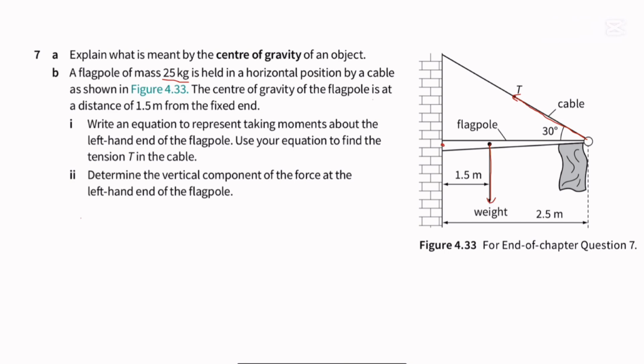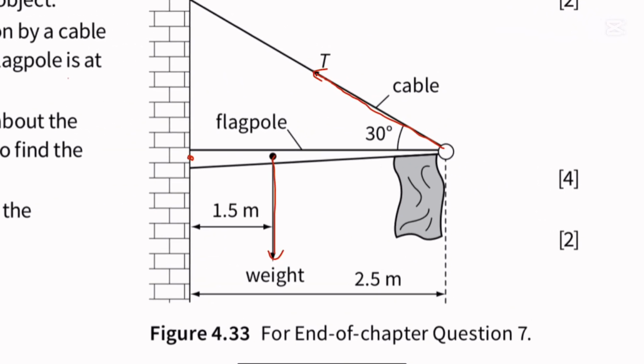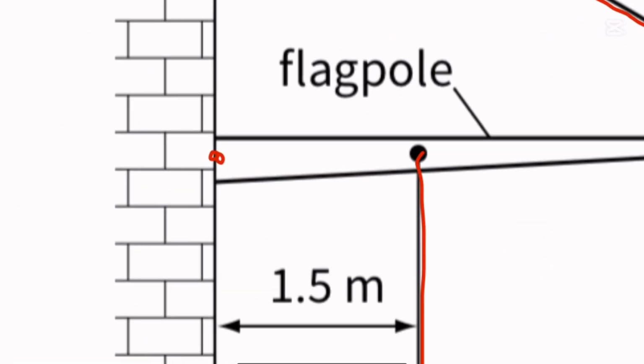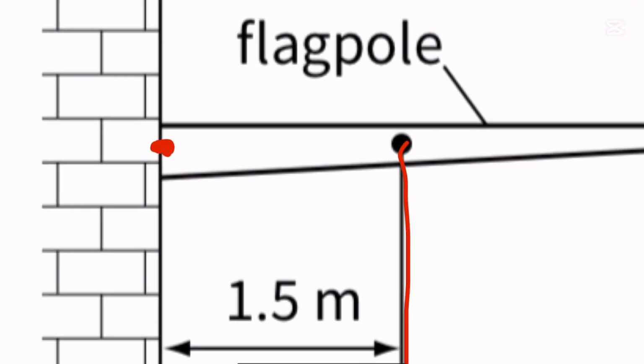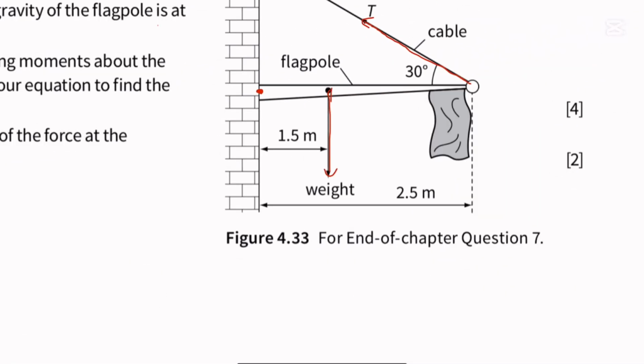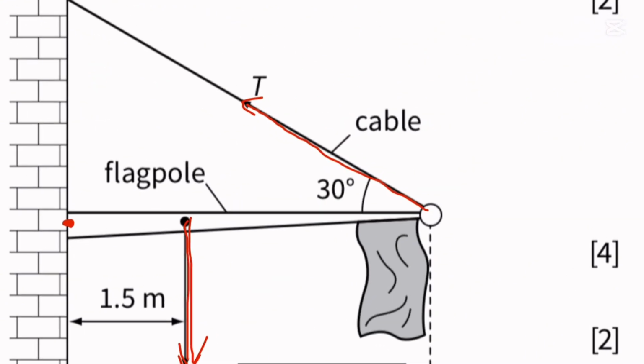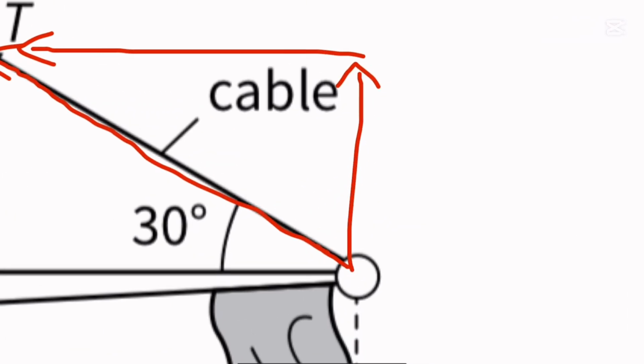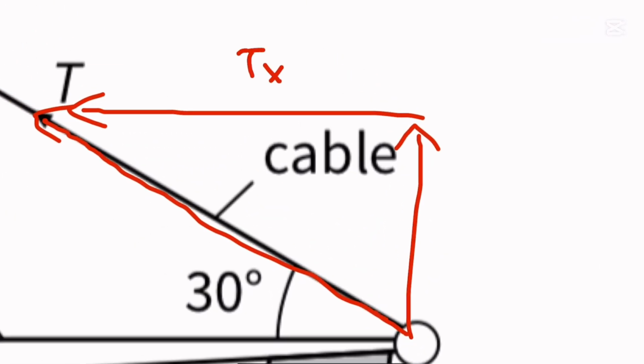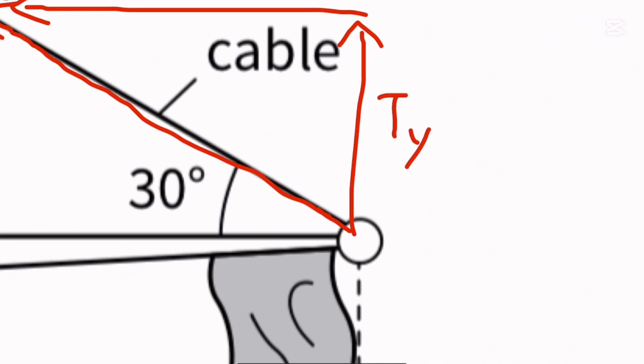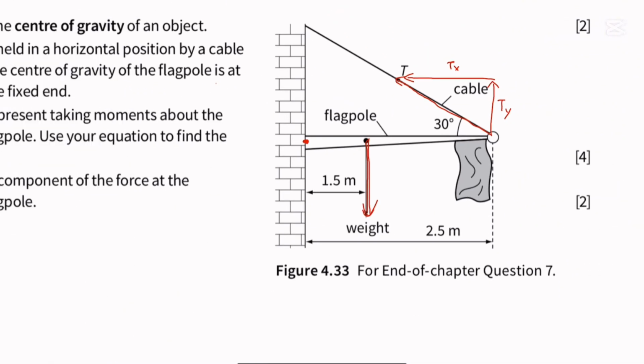So let's analyze this picture real quick. We can think of this like a moment equation. This is going to be the pivot right here, and a weight acts down, while the tension force we can resolve into two vectors: the horizontal, which I'll name Tx, and the vertical, which I'll name Ty, of the tension of the cable.